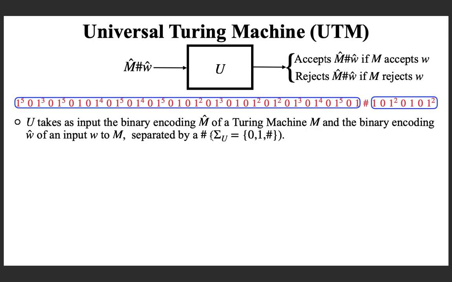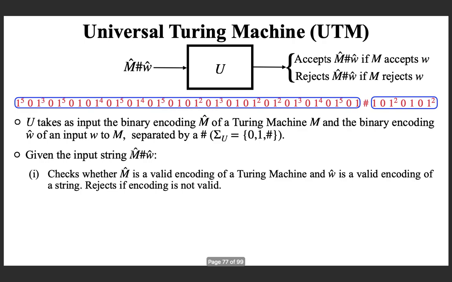So the input alphabet set of the universal Turing machine is the binary digits and hash. On a given input, that is a binary encoding of a Turing machine and the binary encoding of a string to that Turing machine, what the universal Turing machine does is check whether the encoding given as the first part is a valid encoding of a Turing machine, and also it checks that after the hash it is a valid binary encoding of an input string.